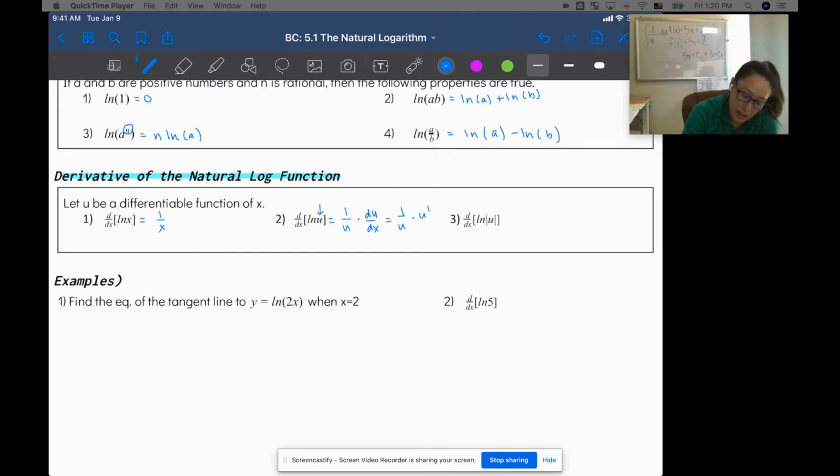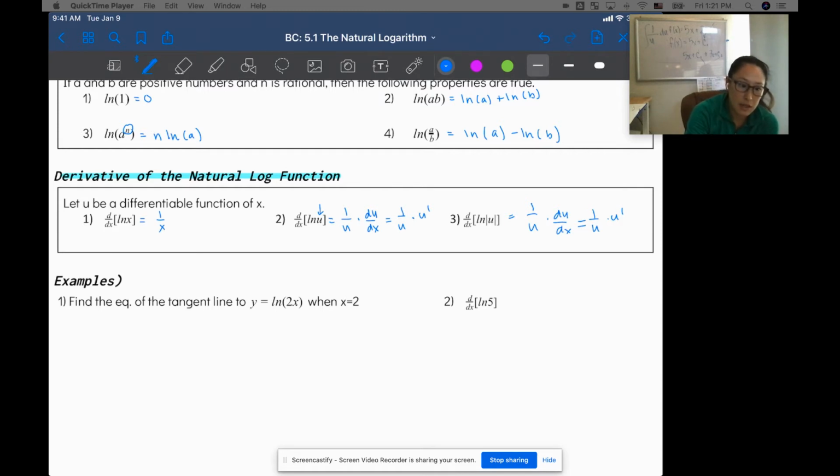And then the derivative of the absolute value of u would be the same: 1 over u times du dx, so the derivative of u, that equals 1 over u times u prime. All right, a couple examples.